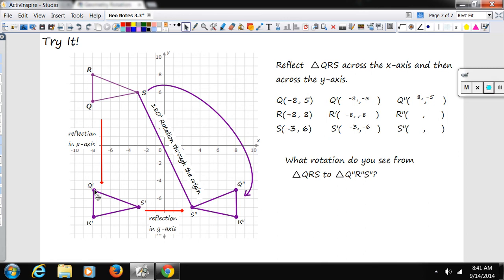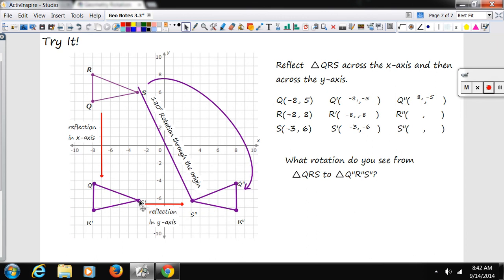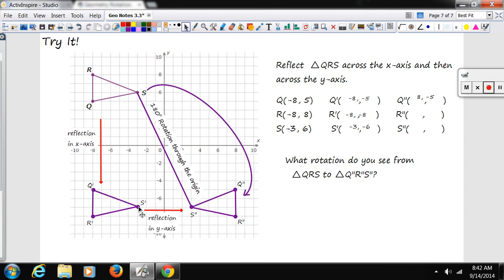Right. I should be at 8. Oh, I just messed this point up. That's all it is. This point should be up 1 to there. That's what I did wrong. I didn't reflect this S prime correctly. So if I could fix that, I will.